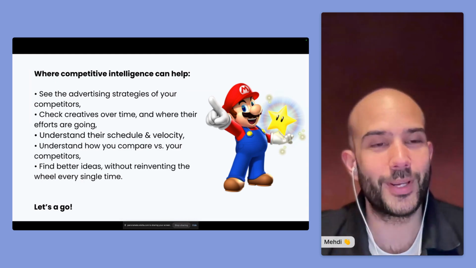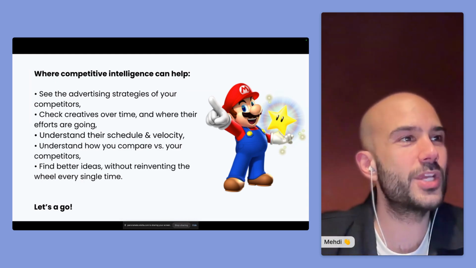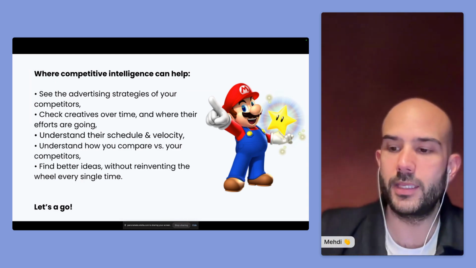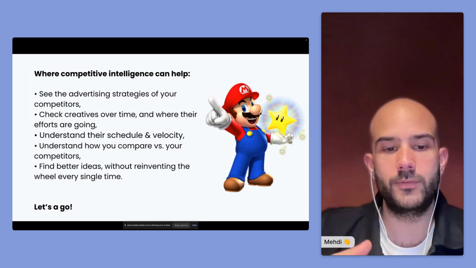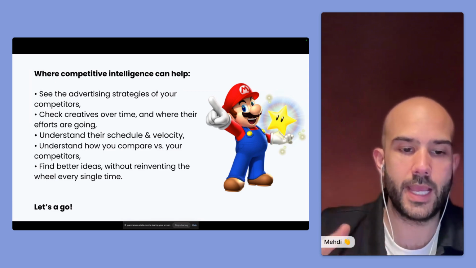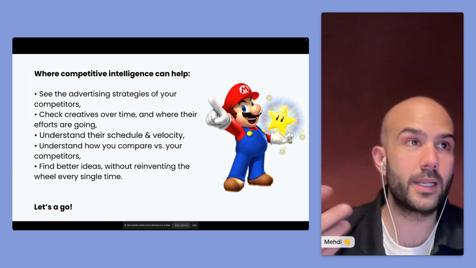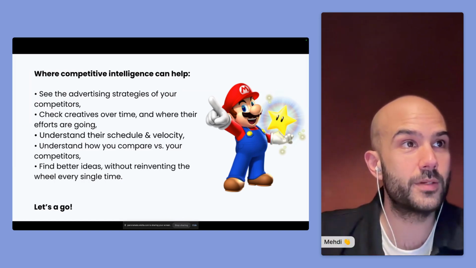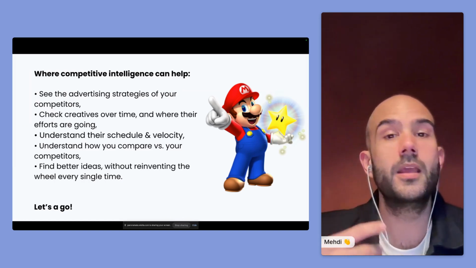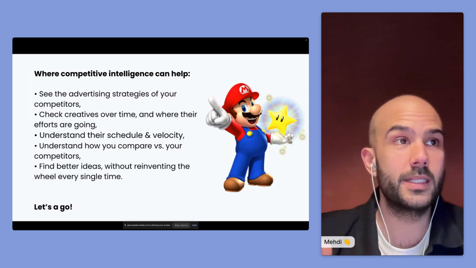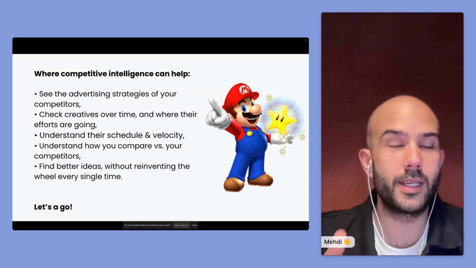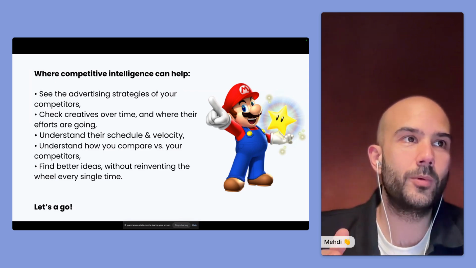You can check their creative over time, if they're implementing something new, or if there are things that they're using again and again. Usually those are the things that should catch your attention, because you can have a look at this and say, okay, if that's where they're insisting, if that's where they're going, then it's probably something that is worth my attention.